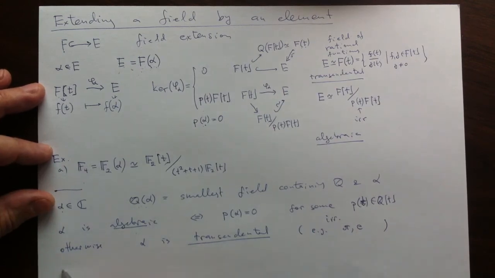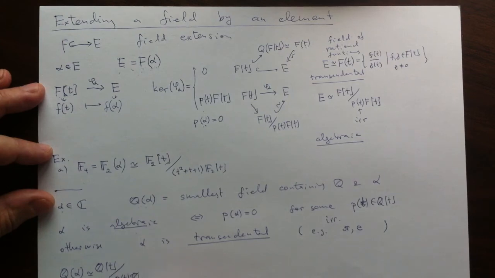So just to finish, for an algebraic number we will have an isomorphism of the field constructed from it and rational numbers with the quotient of polynomials by some irreducible polynomial.